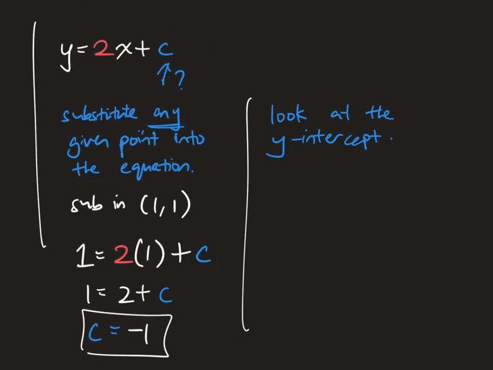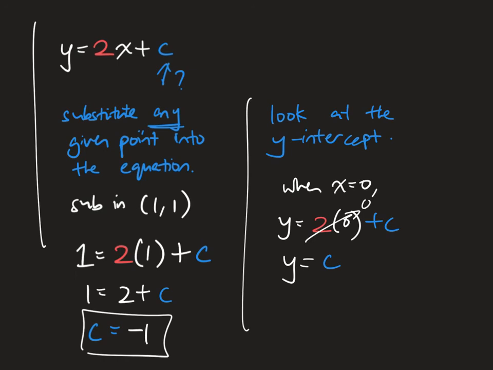And so what happens when x equals 0? When x equals 0, y equals 2 times 0 plus c. And you can see that 2 times 0 gives me 0, so y actually becomes equal to c.